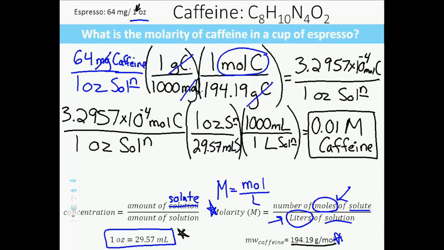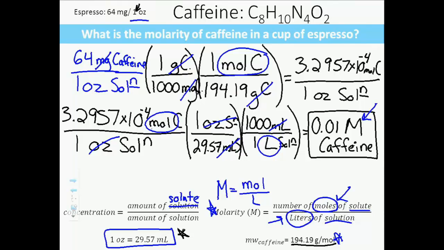Sorry, I was just confusing myself. I wanted to go back and double check the units. I forgot to explain that we're canceling stuff out. So we've got ounces, ounces, milliliters, milliliters. We're left with liters on bottom. So if you notice, we've got moles on top, liters on bottom, and that's what gives us our big M. I didn't mean to skip that step for you.